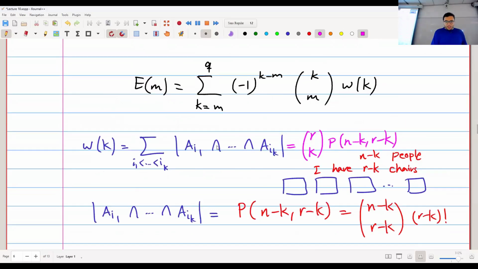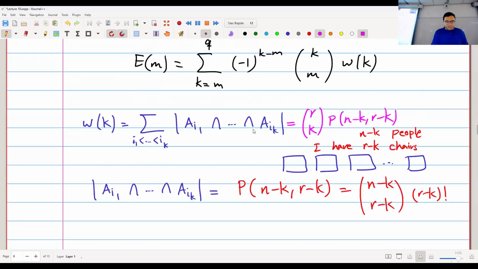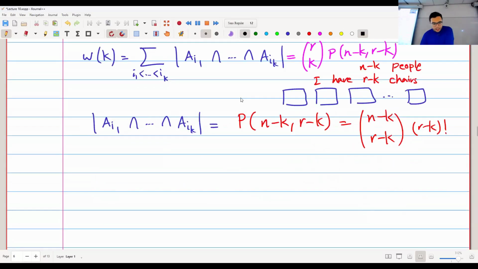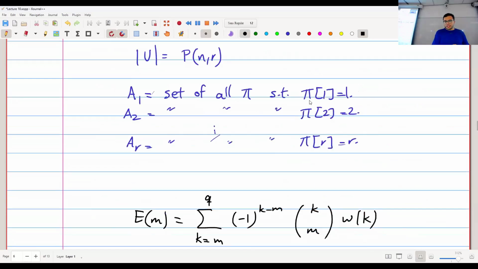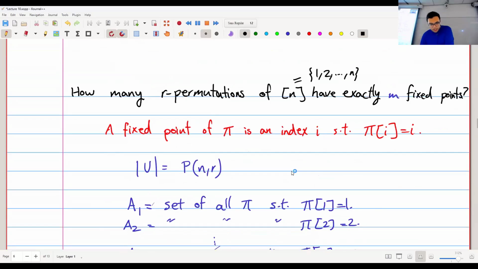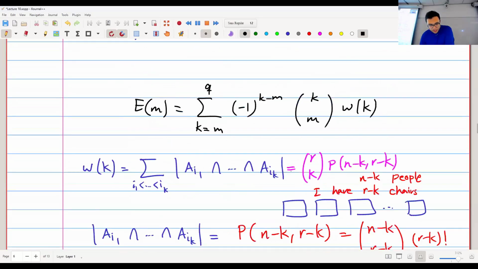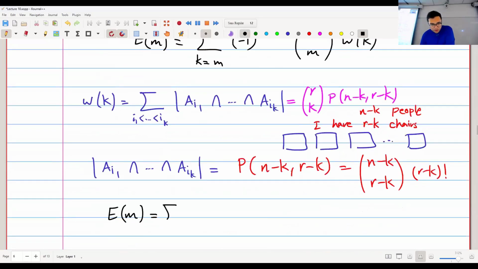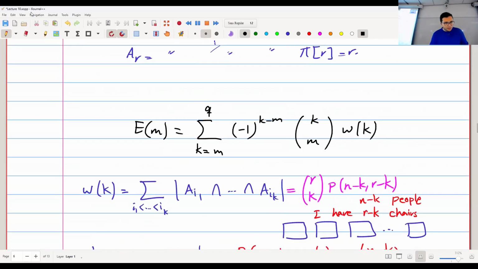And finally, I can just plug everything in. So I can say that the number of elements that are in exactly m sets, which is basically the number of r-permutations of this set that have exactly m fixed points, is just the sum for k from m to r, because this q is actually r. I have r sets here.